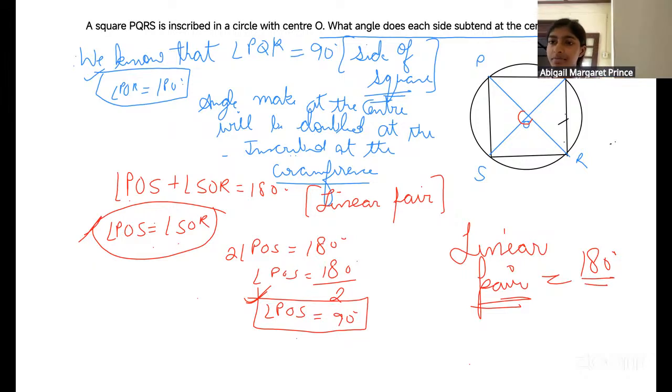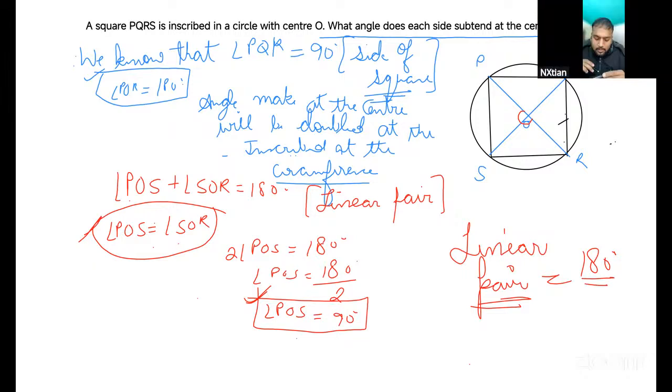Okay. That's why. So POS plus SOR, both angles are equal, because in a square the diagonals bisect each other as well as bisect the angles. Understood? So POS and SOR both are equal.